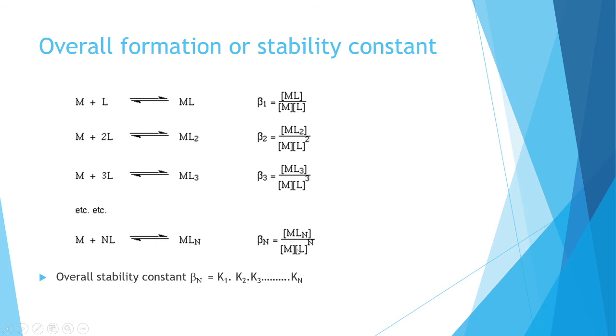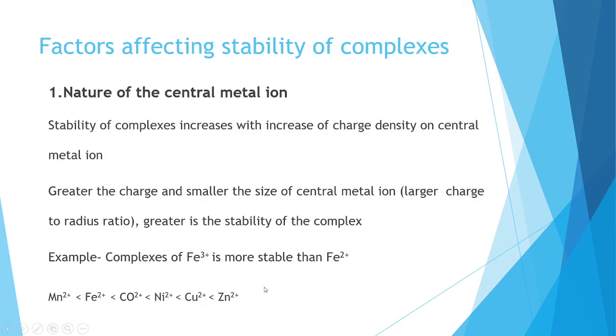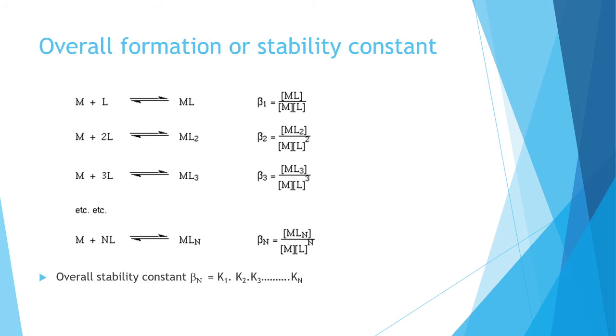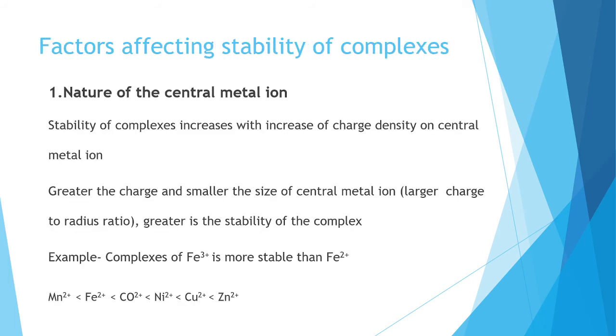So this overall stability constant beta n equals K1 into K2 into K3 into Kn. That is the overall formation or stability constant.